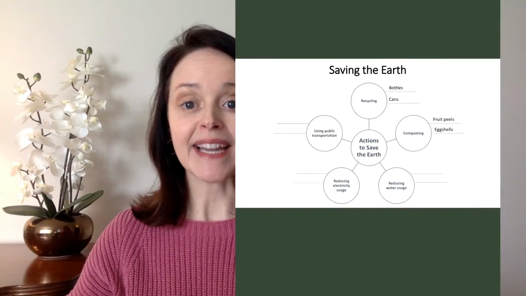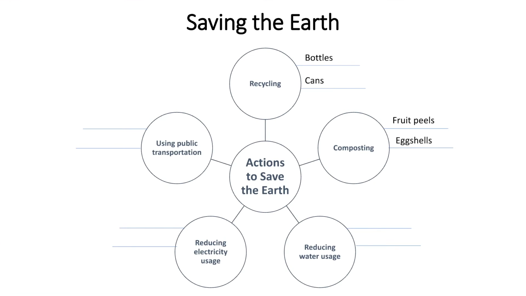First, write the topic in the center circle, such as actions to save the earth. Then, draw 5 or 6 lines out from the center circle to extend the topic into more specific categories, such as relevant vocabulary or actions that demonstrate saving the earth.